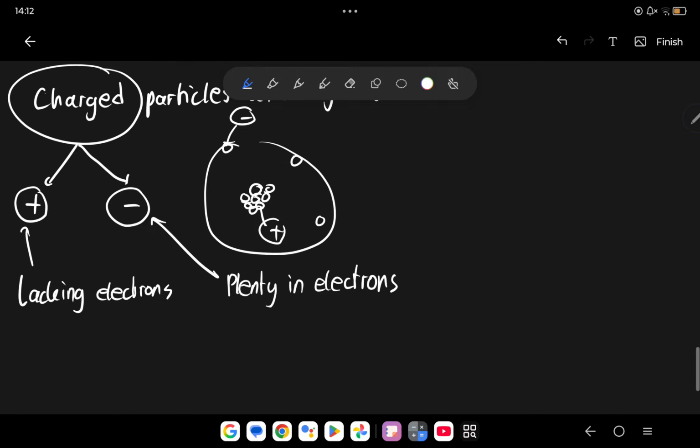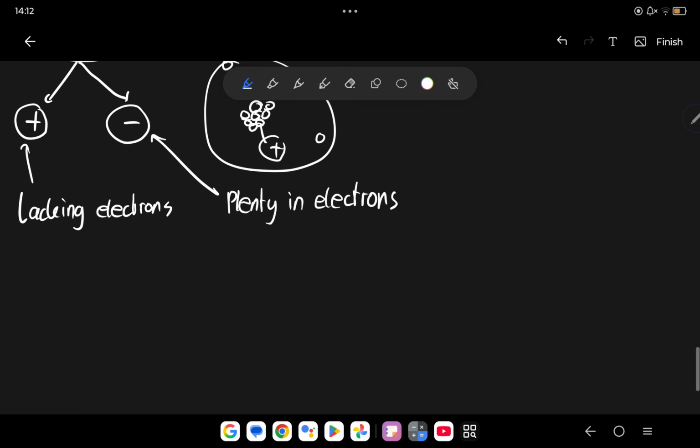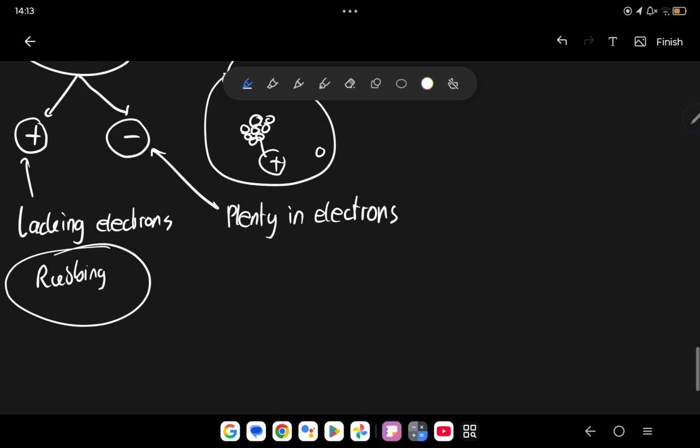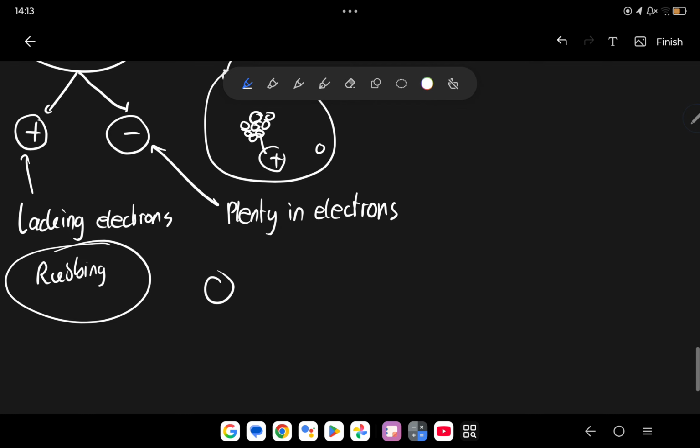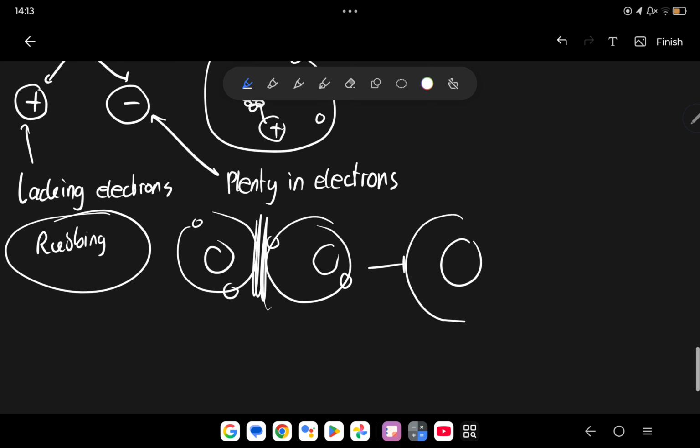But how can there be an imbalance of electrons? One of the ways that we can transfer electrons is by rubbing. You can rub stuff with different materials to somehow make the electrons move. I don't know how, it has some chemistry stuff, but you can do rubbing to make electrons move from one object to another. Say there are two here, and you rub them against each other, and it can end up like this.